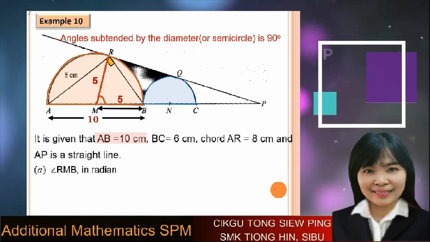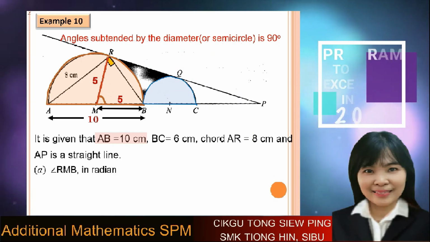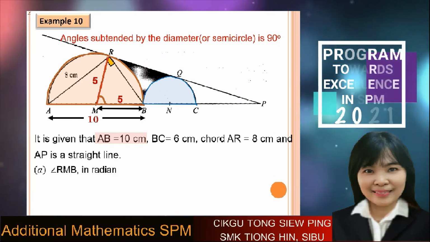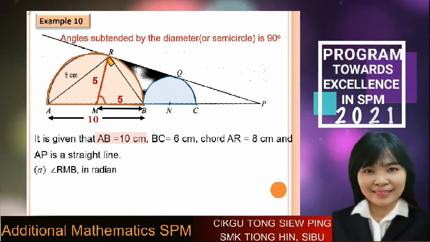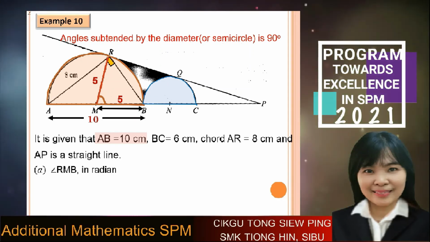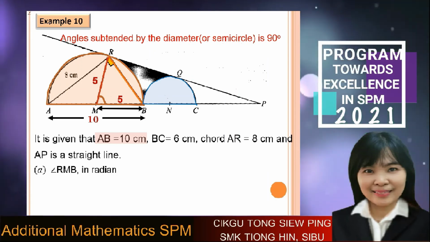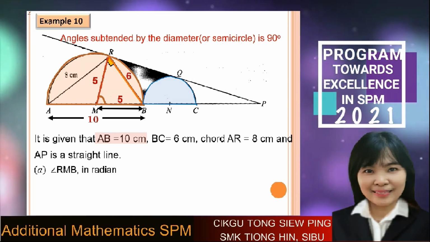Since triangle ARB is a right angle triangle, we can use the Pythagoras theorem to solve for RB. That is the square root of 10 squared minus 8 squared, and we get 6 cm for it.